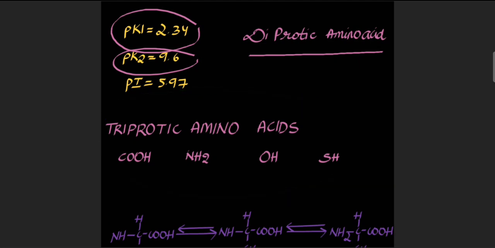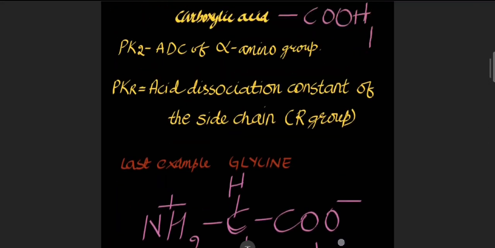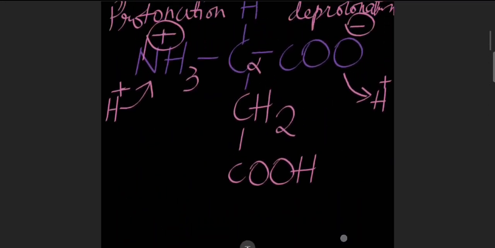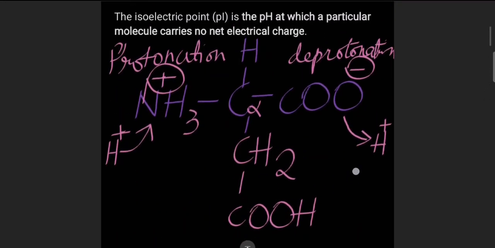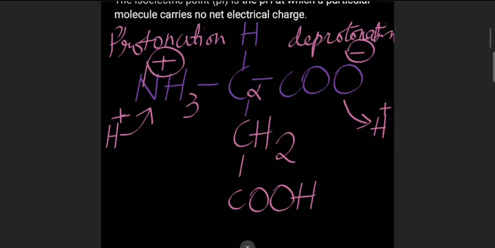So I just showed you the structure of aspartate, if you remember. The reason why I showed you the structure of aspartate was because I wanted to show you how this is actually a triprotic amino acid.